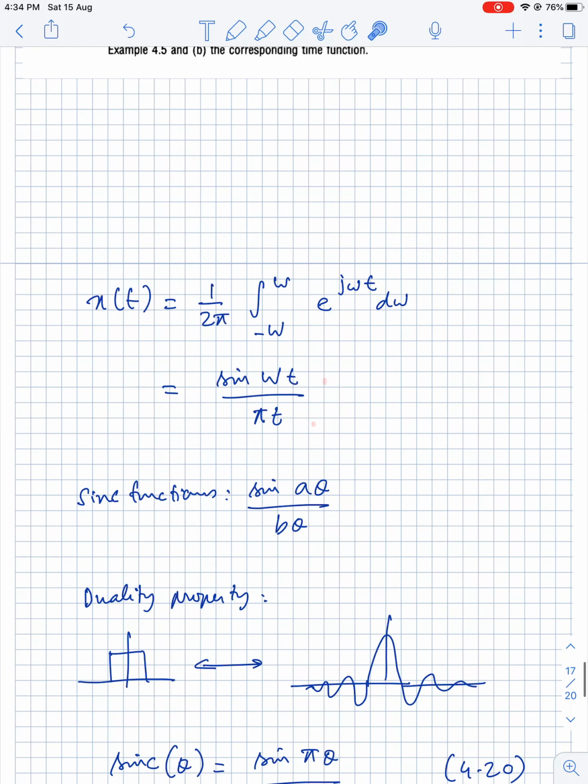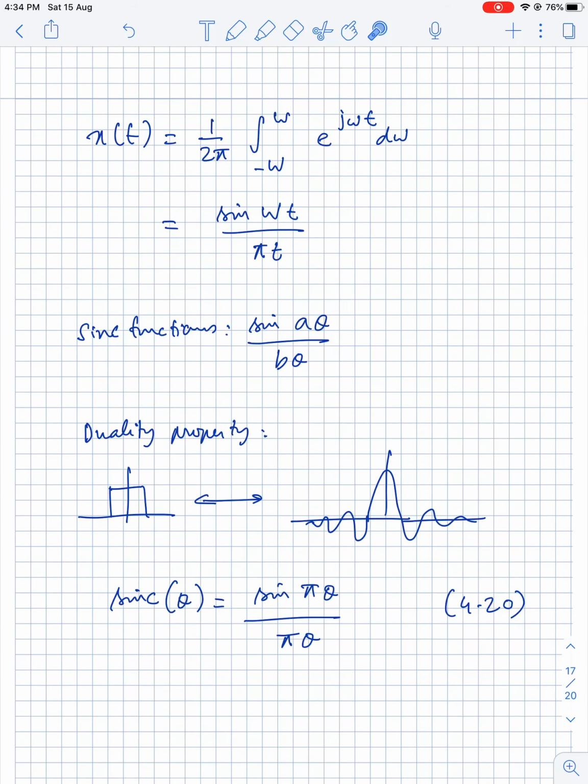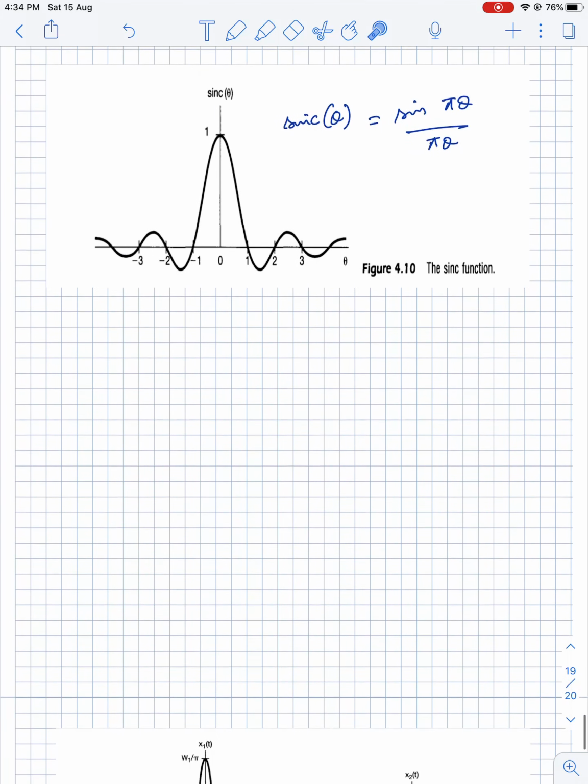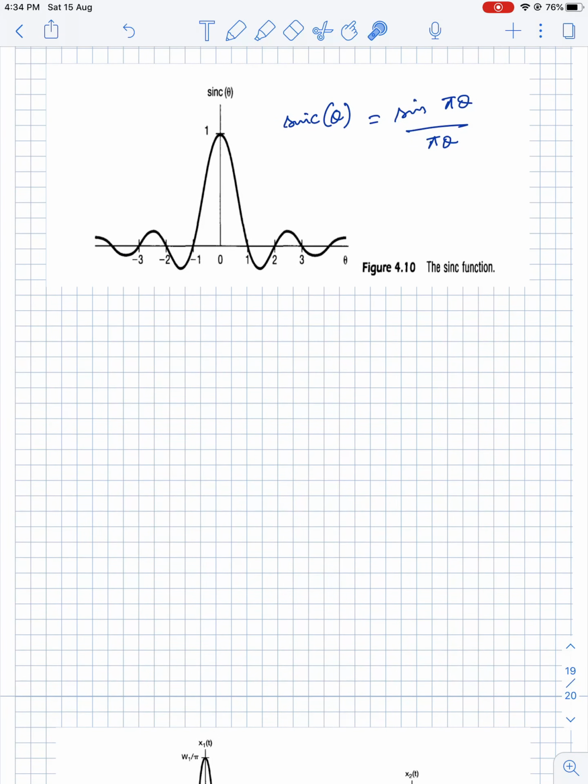So generally sinc functions have the form sin a theta by b theta, or in general one way to represent the sinc is sinc of theta, which is sin pi theta by pi theta. And this is how it looks.